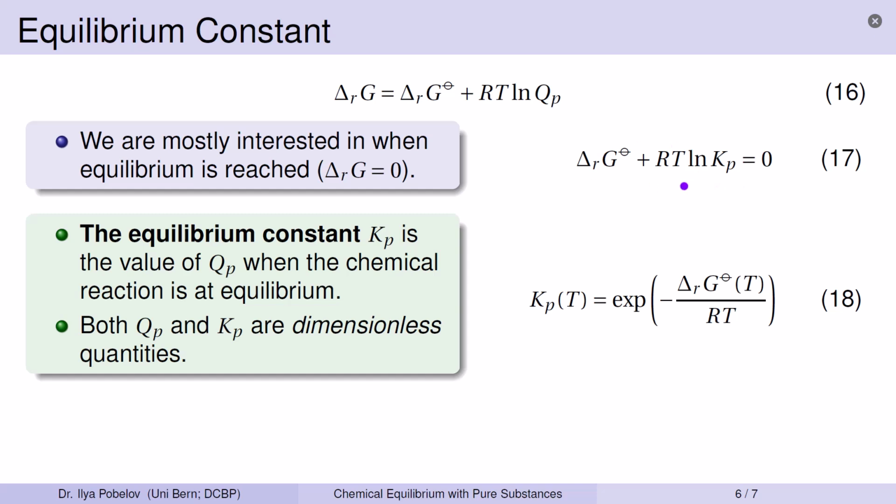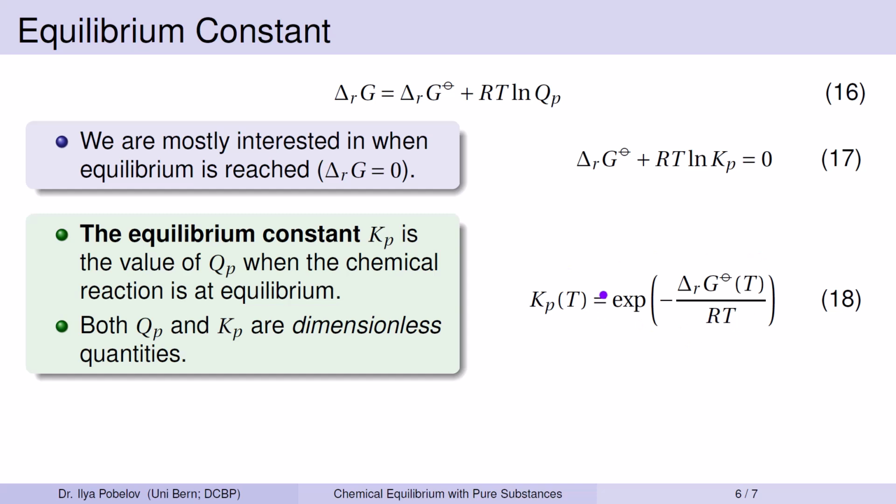From this relationship, we derive an equation that provides a direct way to compute Kp. It expresses Kp as an exponential function of the negative ratio of the standard reaction Gibbs energy to RT. It shows that the equilibrium constant, Kp, depends solely on temperature and can be derived from the standard reaction Gibbs energy.